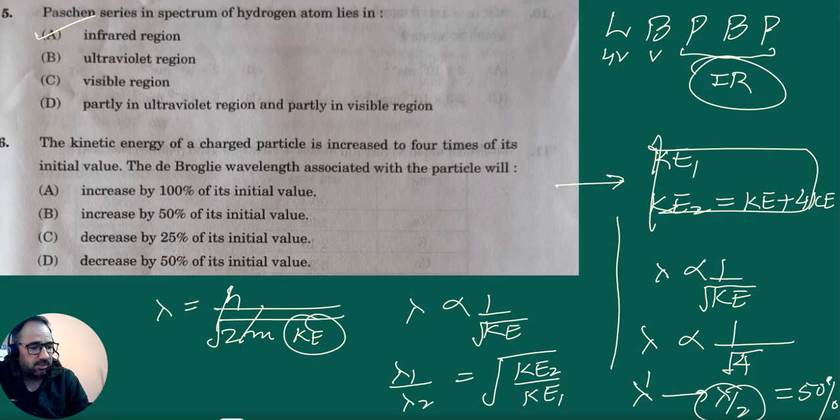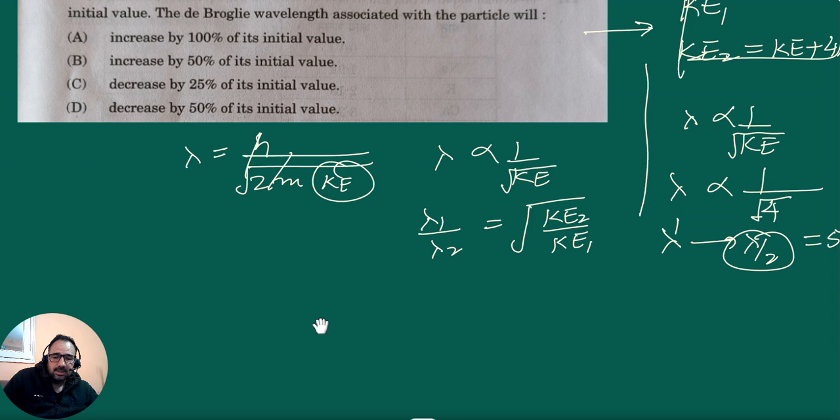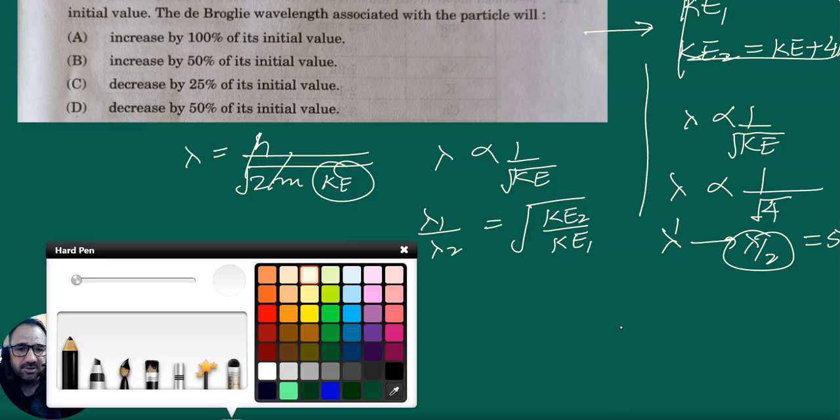So lambda by 2 means it's coming to 50% of it. Okay, let me check by another way also. Dear children, errors may be there in the solution, you can try later. But right now I'm solving this way.